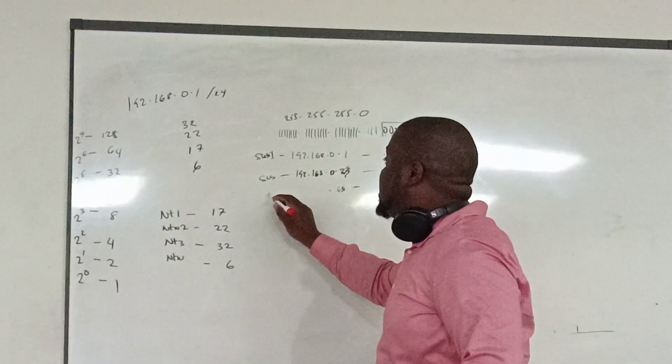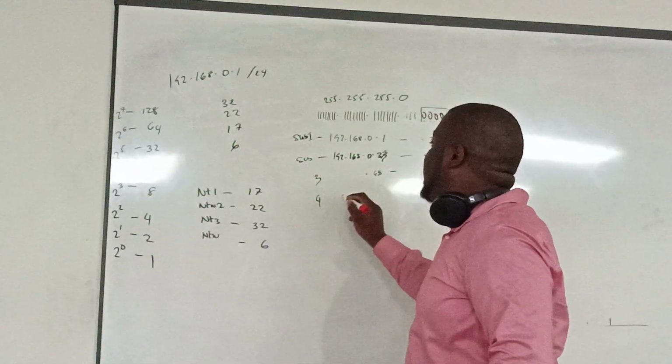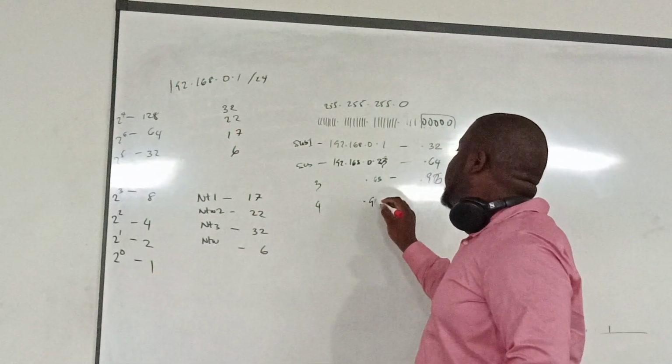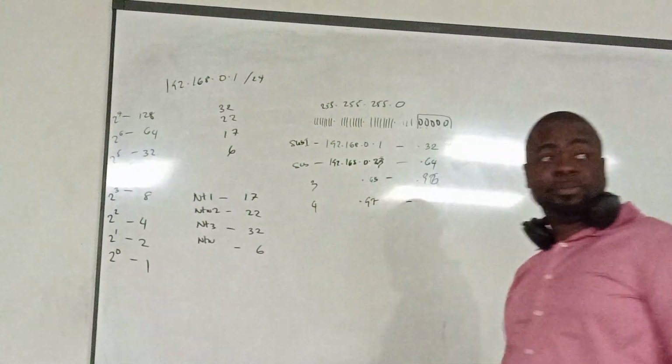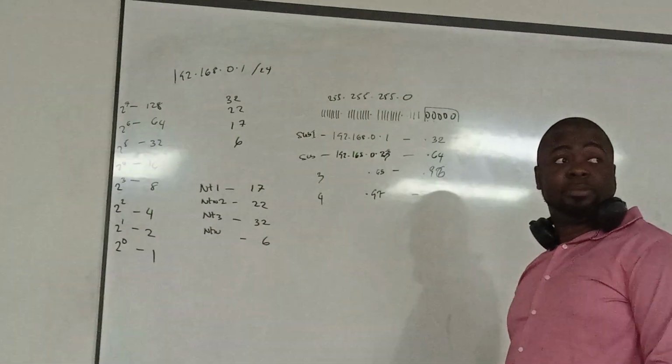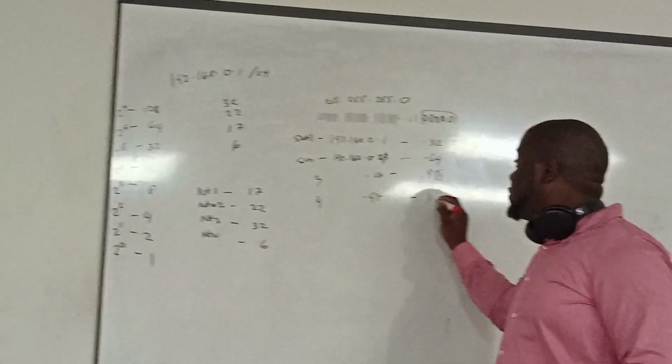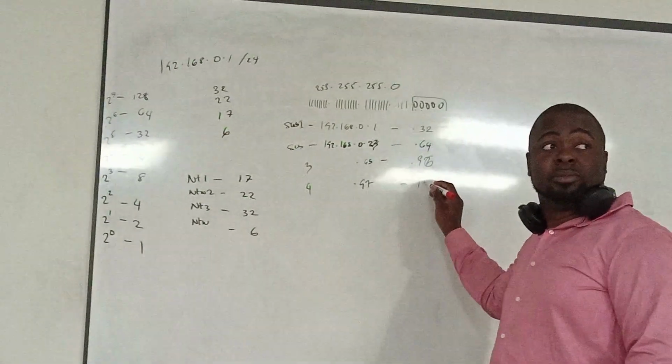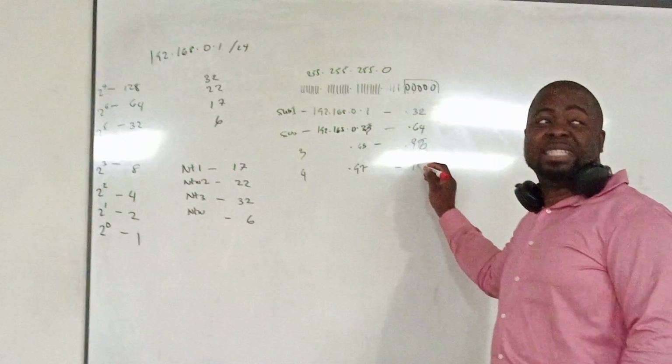The next one is what? This is 3. What about 4? 97 to what? 128. So it's 129, that's minus 1.